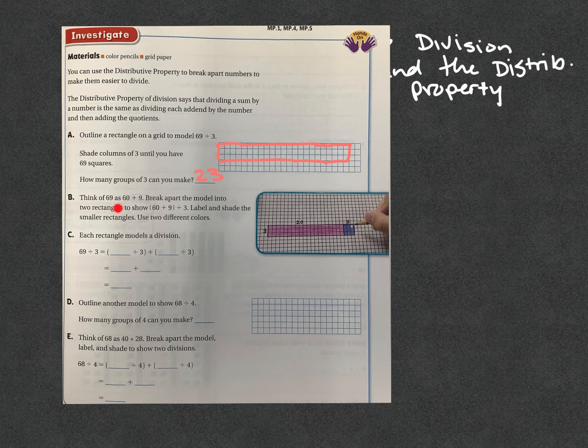If we think of 69 as 60 plus 9, 60 plus 9 is 69, then we can break apart the model into 2 rectangles to show 60 plus 9 divided by 3. So there's my drawing of that.